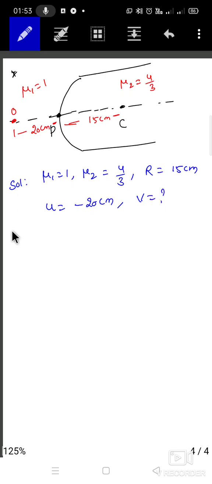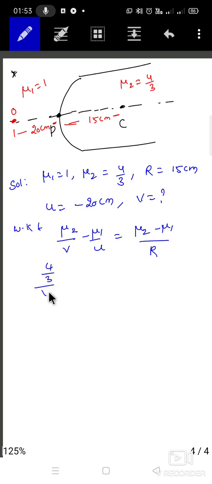So we know that mu2 by v minus mu1 by u is equal to mu2 minus mu1 by r. Mu2 is 4 by 3, so 4 by 3v, minus mu1, which is 1, by u, and u is minus 20.